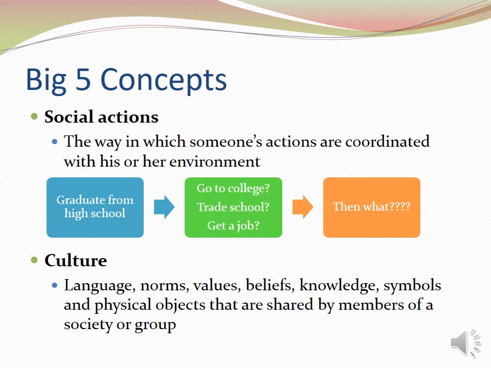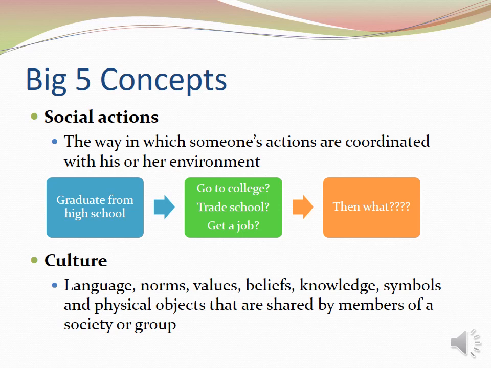The last one is culture. Language, norms, values, beliefs, knowledge, symbols, the physical or material objects that we all share together that lets us know that we are from the same society, that we're of the same group. Now, societies can have a dominant culture and subcultures, but there's no such thing as a culture that has sub-societies. So there is the overreaching American culture that all of us subscribe to.